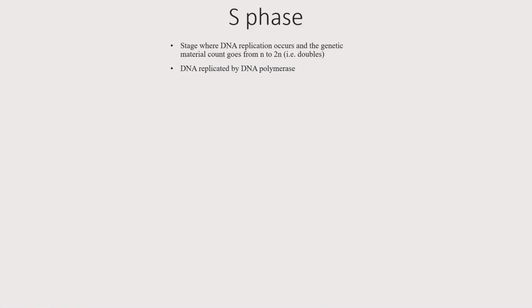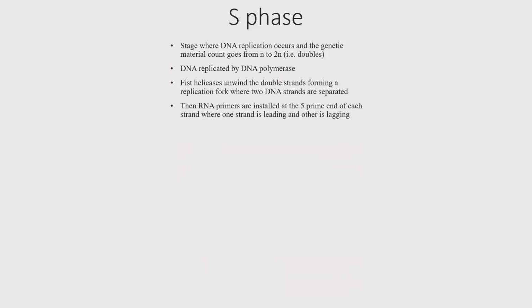In order to replicate DNA, we will need the DNA polymerase enzyme. But before that, we use a specific class of enzymes called helicases, which unwind the double strands of DNA, forming a replication fork, resulting in the separation of the two DNA strands.